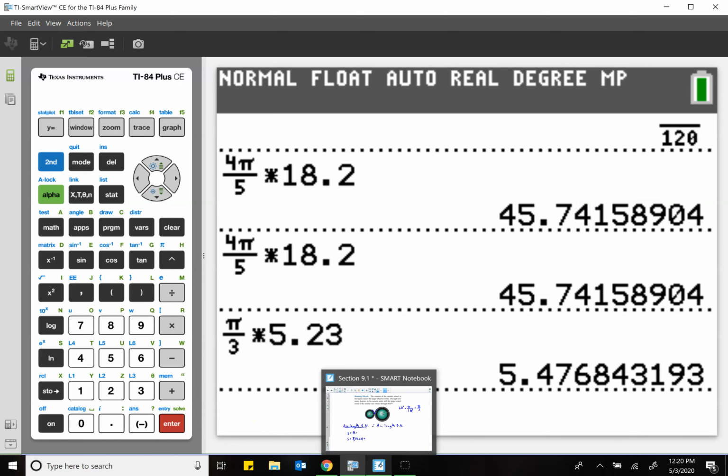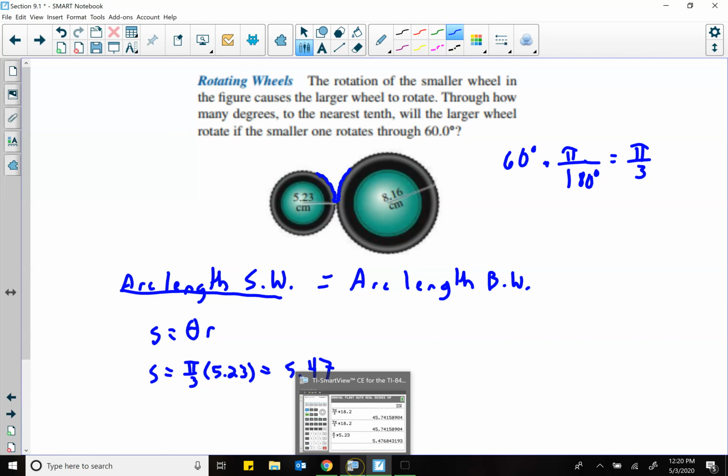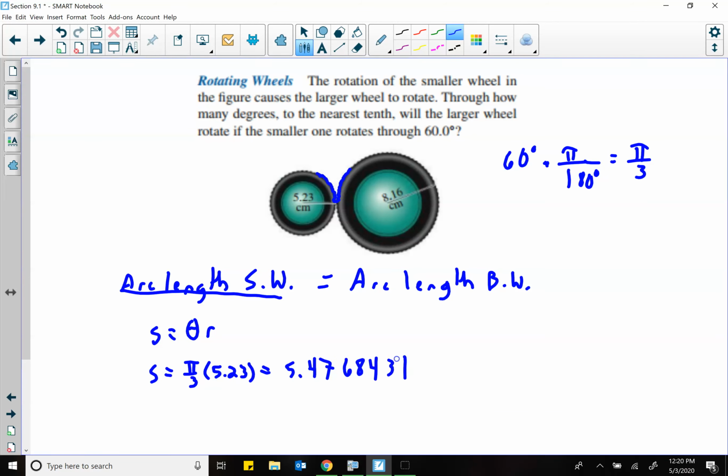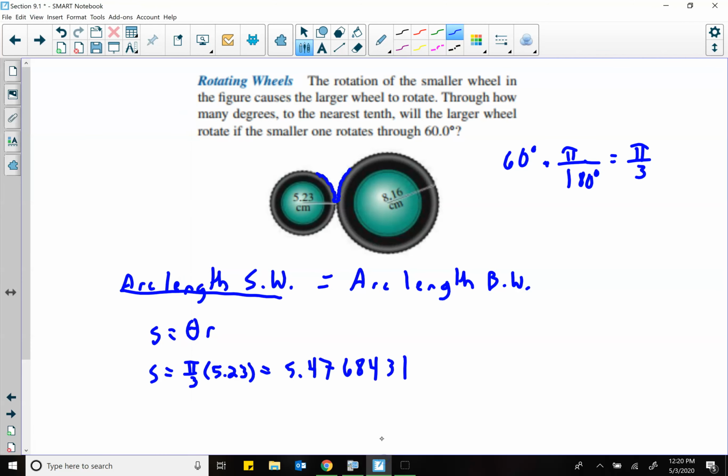So we've got 5.476843193. Now, that's how far the little wheel rotated, which also means that's how far the big wheel rotated. Okay?